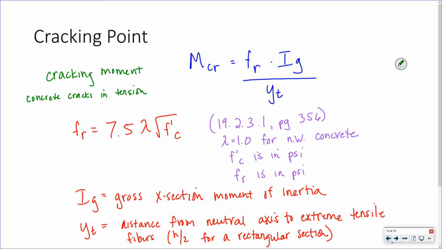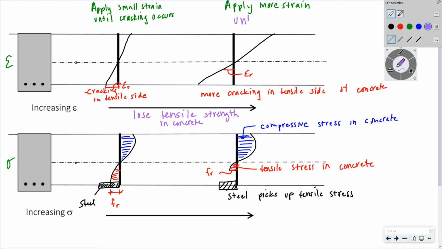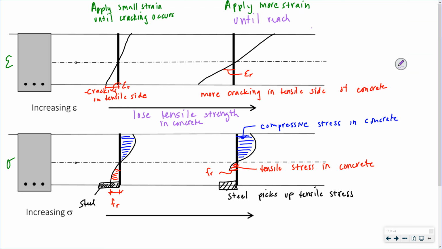If we go back here, we are going to look at the section, the second part, and say apply more strain until we reach Fy in our tensile steel.